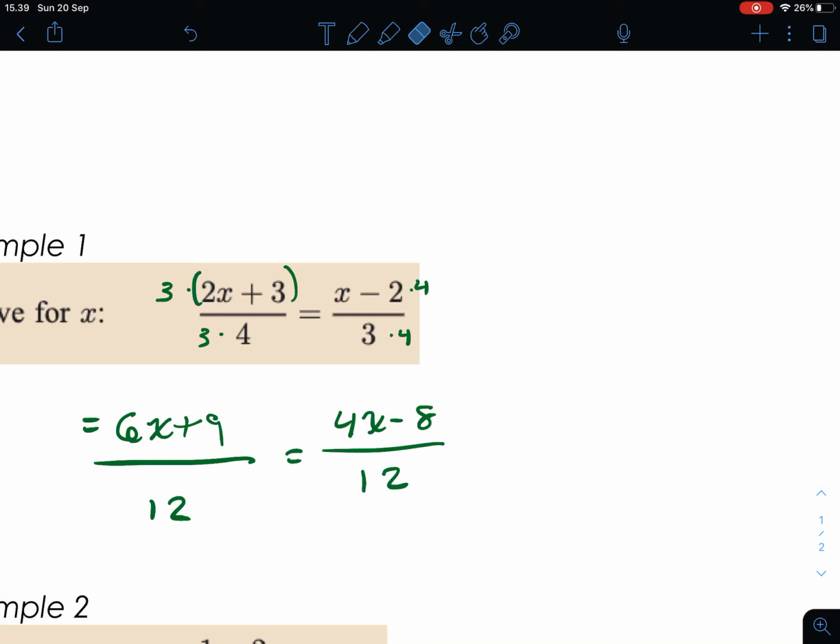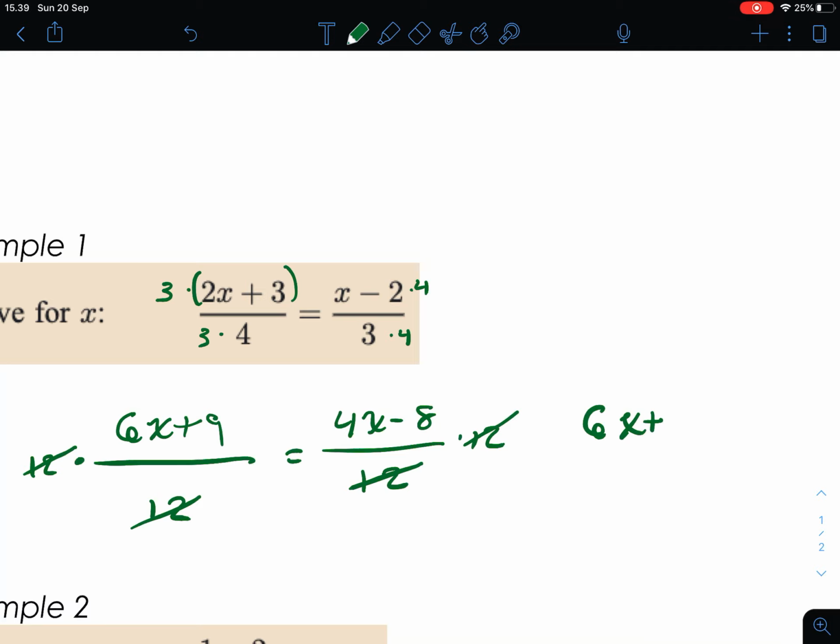Now, here's the thing, guys. If both sides of this equation are divided by 12, then I don't really need to write that 12 there anymore. So what I can do is multiply by 12 on both sides.